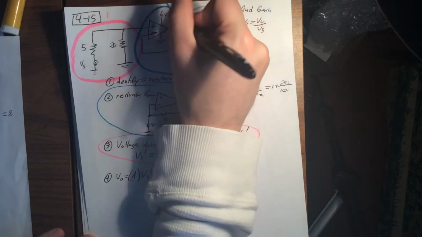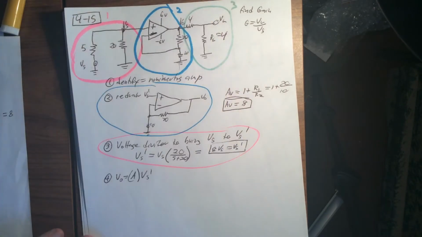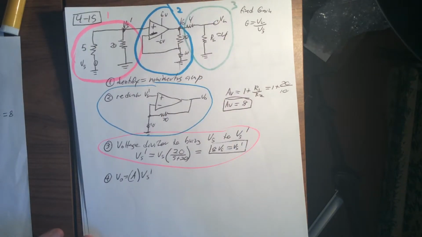We should probably write that in, V out. Okay, and then do we call this one Vs? I think, yeah, this is all Vs coming up through here. Vs prime up there. So anyway, now we're going to look at calculating this out.